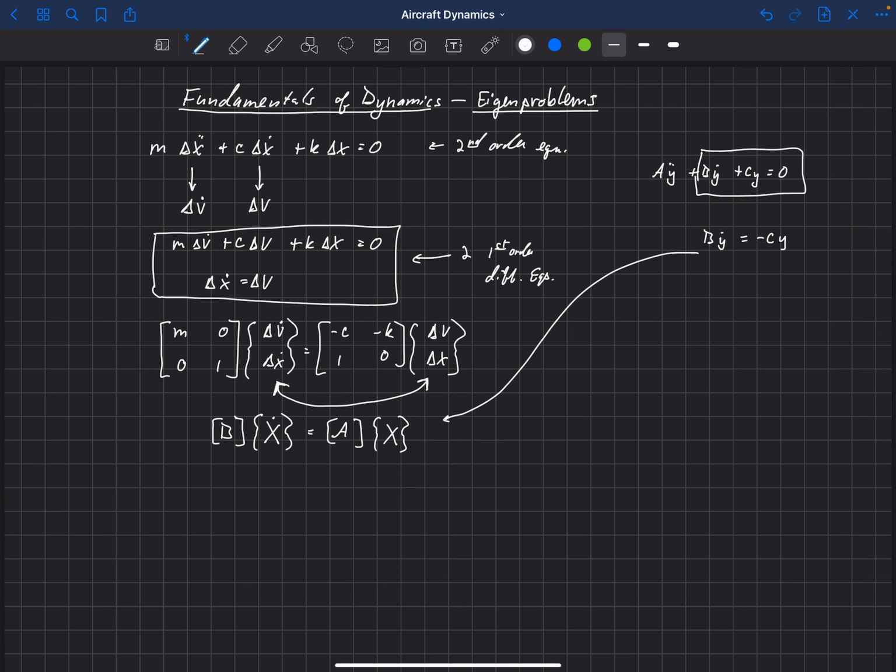as a system of equations. Okay, so we've got some matrix multiplied by x dot, just like we had something multiplied by y dot here, is equal to some matrix times x, just like we had some constant times y right there. Okay, so this has the same form, and it turns out that solutions to this have a form very similar to the form that we talked about in the previous video for solving first and second order differential equations.